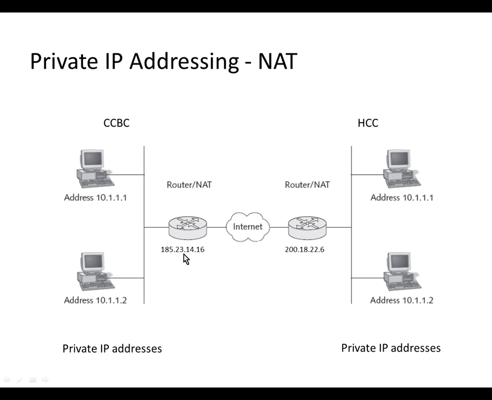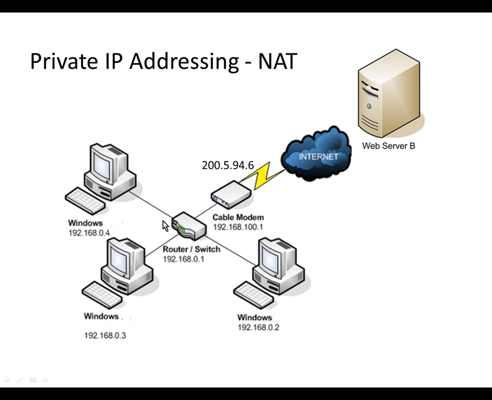So now, instead of needing 3,000 IP addresses at CCBC Catonsville, we only need one. Same thing at Howard Community College. This is an example of a large institution with an address of a Class A network, 10.0.0.0.